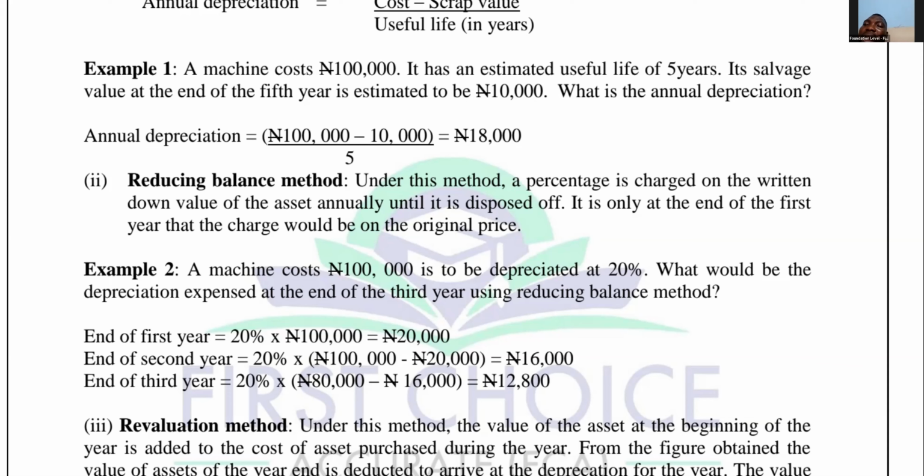Now, how do we get our written down value? Written down value is the opening cost of the asset minus the initial depreciation. I'll say that again. Written down value is the opening carrying amount of the asset.